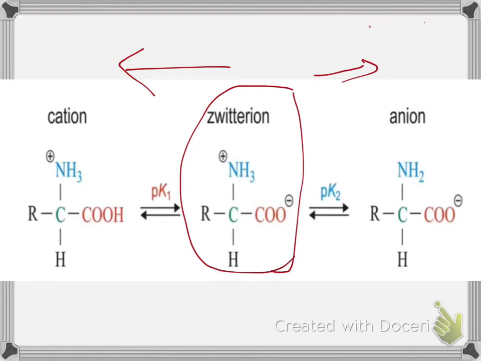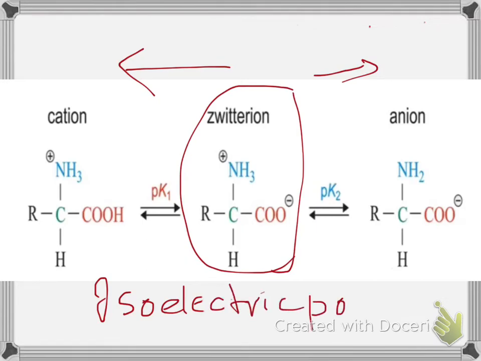That particular point is known as the isoelectric point. So the point at which the zwitterion does not move to the anode or to the cathode is known as the isoelectric point.